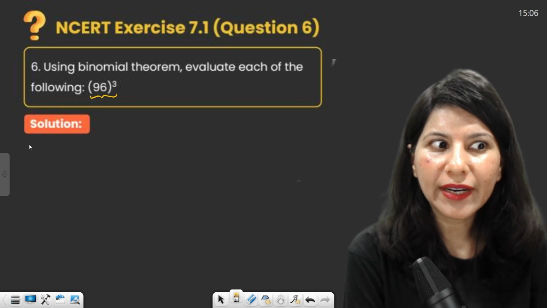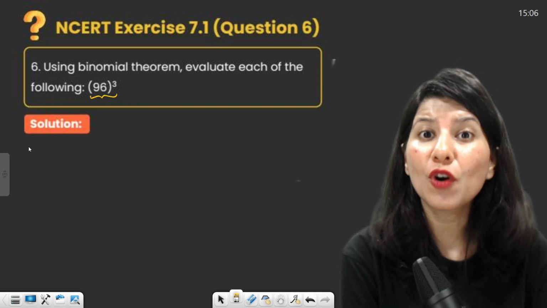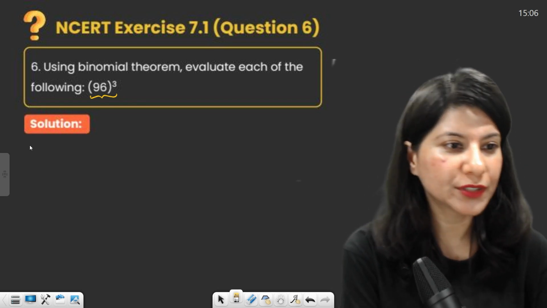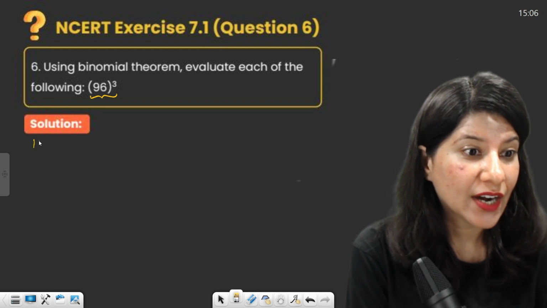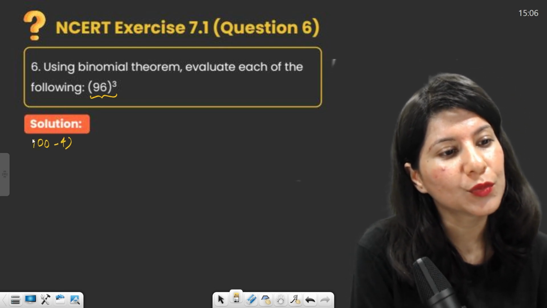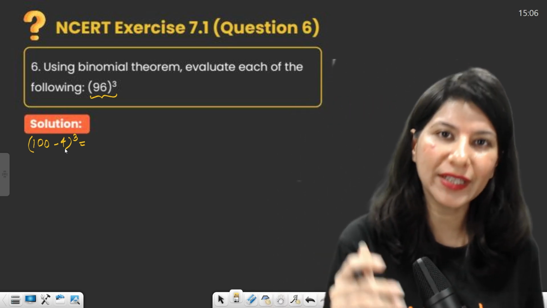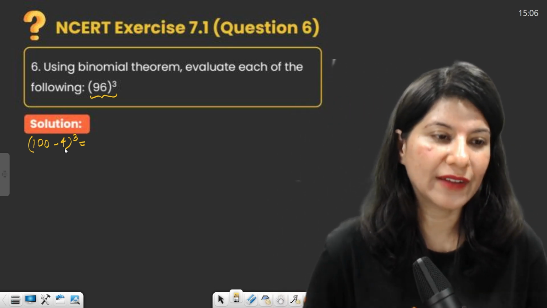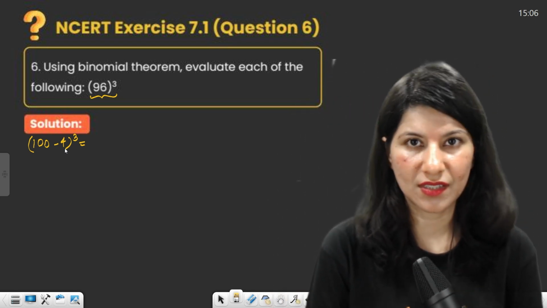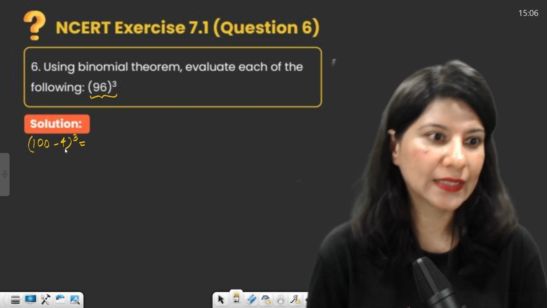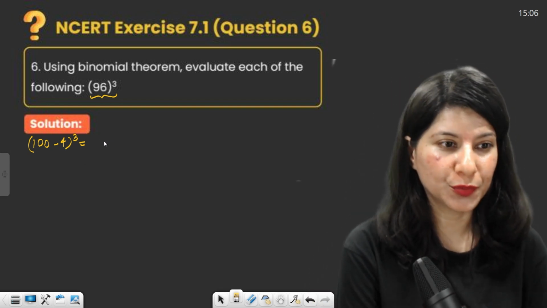So again, we need to write 96 in some format so that it gives you the binomial expansion, right? 100 minus 4 whole cubed can be written. So you don't have to cube the 96. 100 minus 4 cubed.